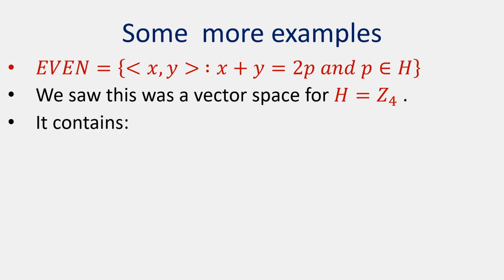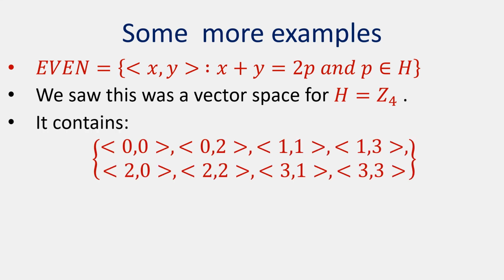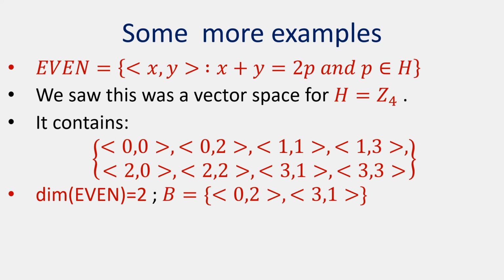So this is a finite set of vectors. It contains these 8 vectors here. And this vector space is dimension 2. So one basis for that vector space are the vectors 0, 2 and 3, 1.